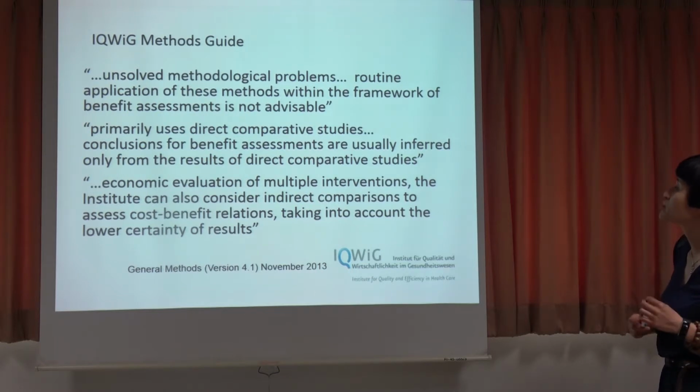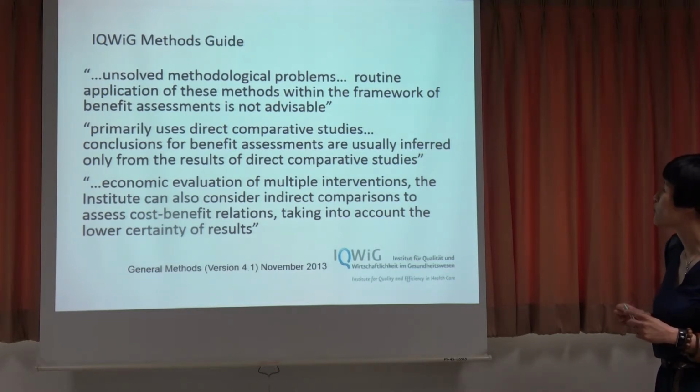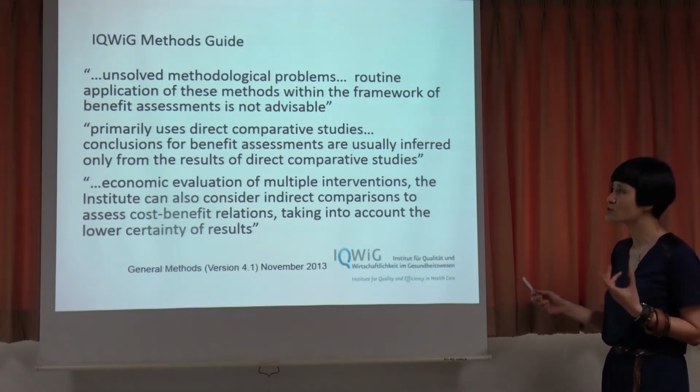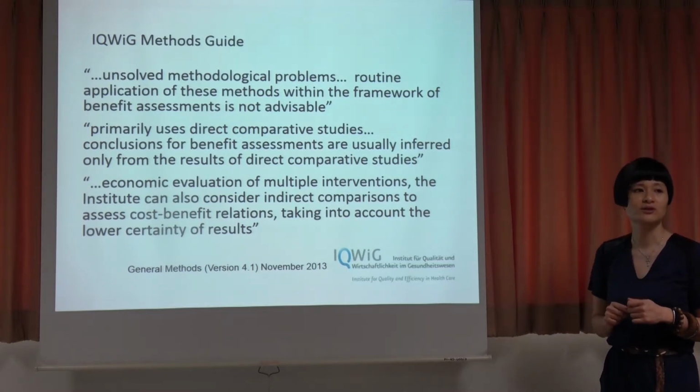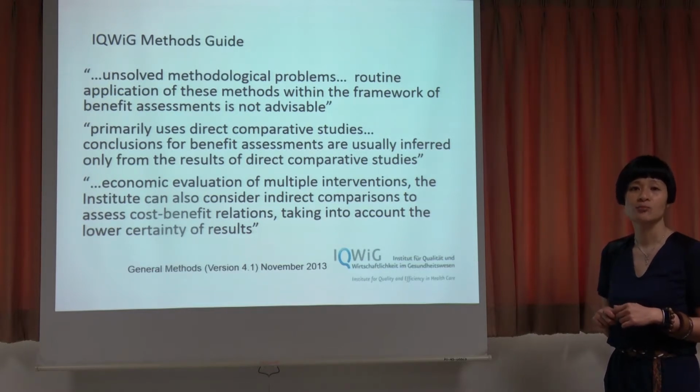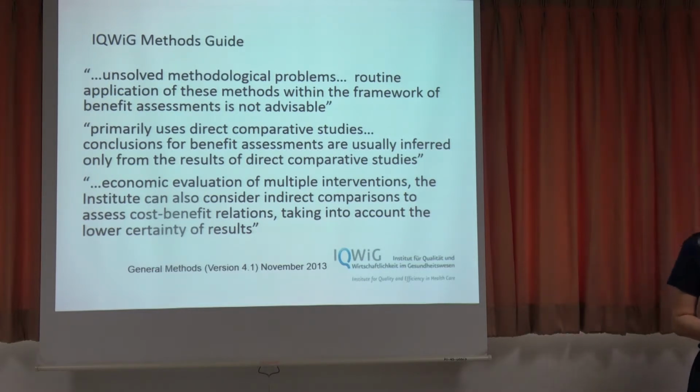For economic evaluation of multiple interventions, which is actually quite often the case, the institute can also consider indirect comparison to assess cost-benefit relations, taking into account lower uncertainty of results. So they do recognize that there are situations where you do need indirect comparison and mixed treatment comparison.